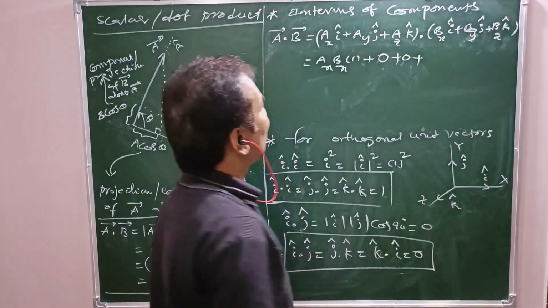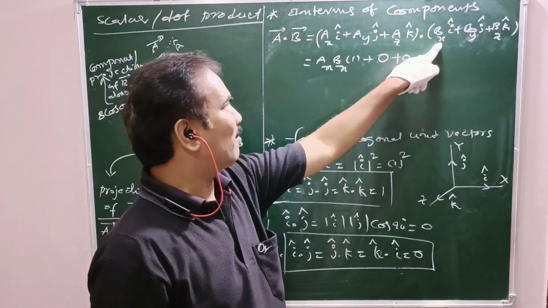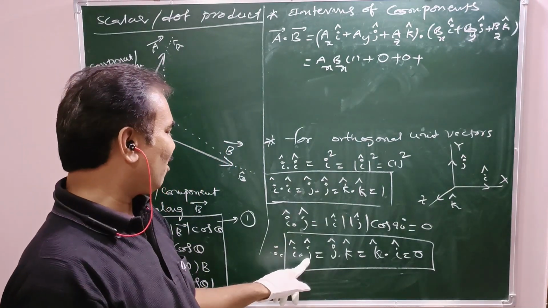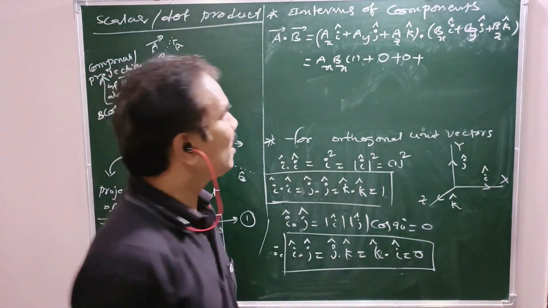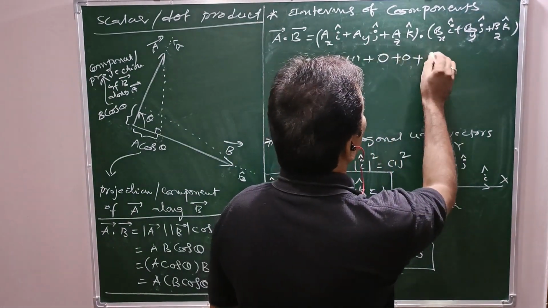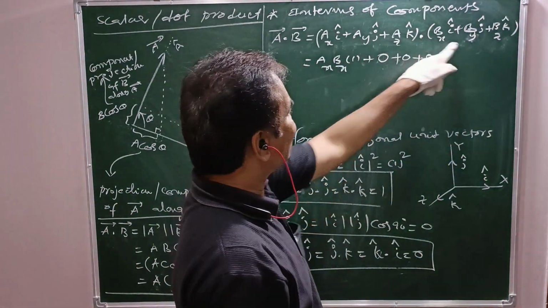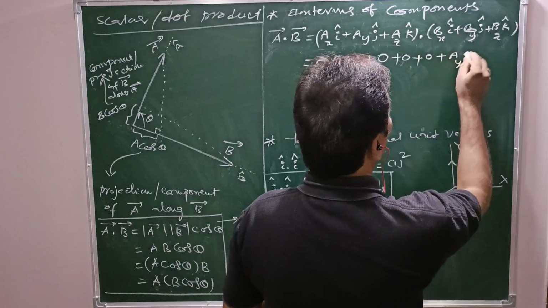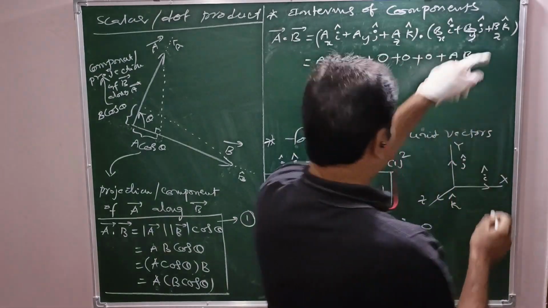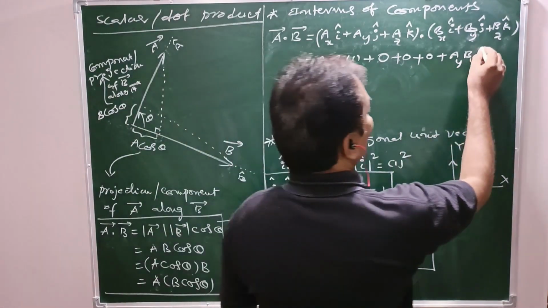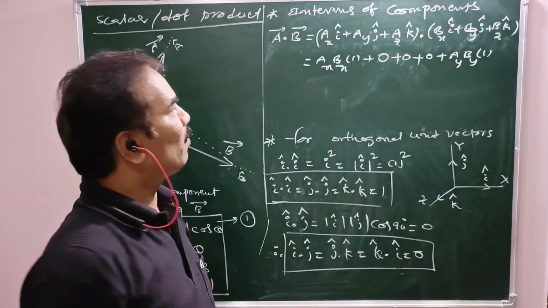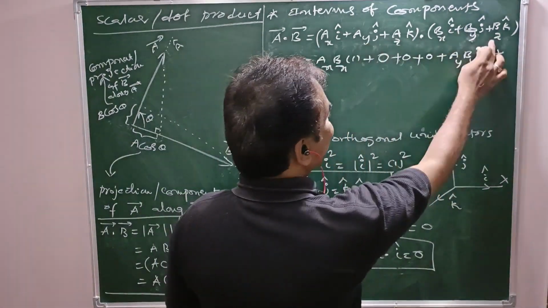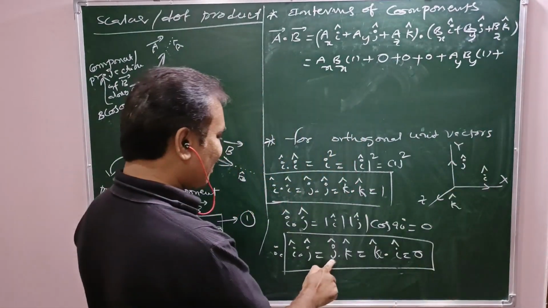Plus now second term into first term, that is ay bx into j dot i. Once again j dot i is 0. Why? Because they are mutually perpendicular. Plus second term into second term, that is ay by into j dot j. j dot j means 1, so we have ay by into 1, plus second term into third term, that is ay bz into j dot k. Now what is j dot k? 0.